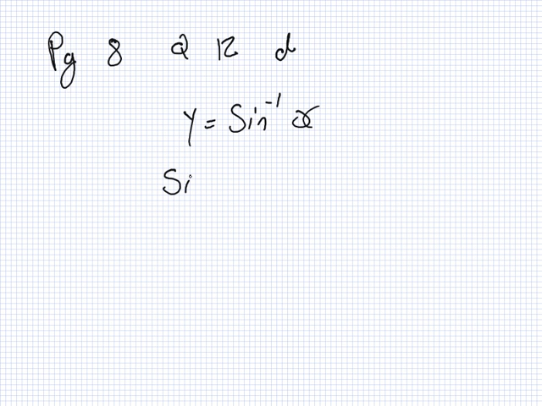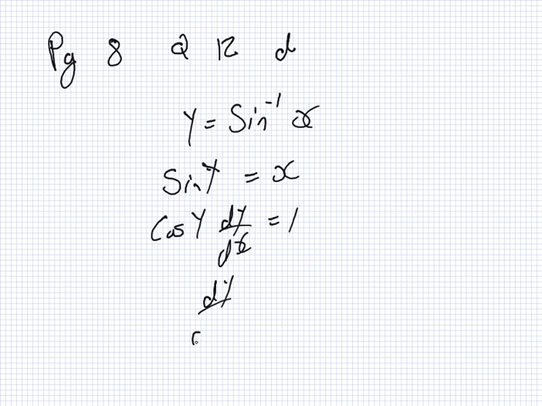Yeah, apply sine to both sides. Implicit derivative. So then dy/dx equals 1 over cos y, which is 1 over cos of sine inverse x.